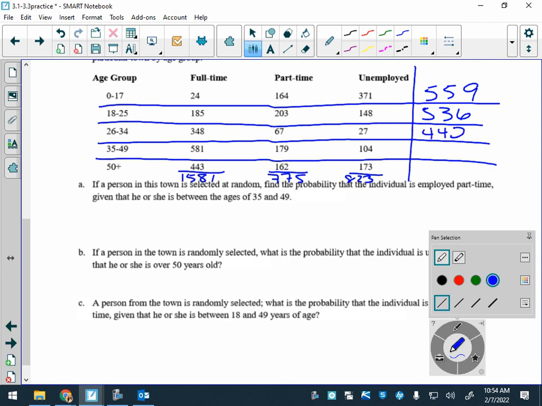Good. Okay, 35 to 49, Sam. 864. Good. 50 plus, Campbell. 778. And in total, how many people did we have?